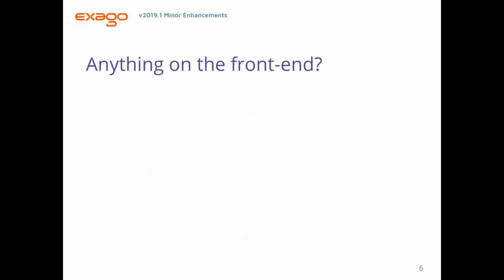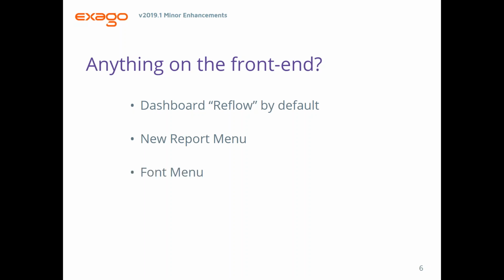And then the last one here is on the front end. I talked a lot about the technical and the back end pieces, so there are a couple of front end enhancements. First, we have a dashboard reflow. This is a feature previously available using an action event, and now is something that's built into the default application. We have some UX changes throughout the application. Most notably, I'm going to showcase the new report menu.